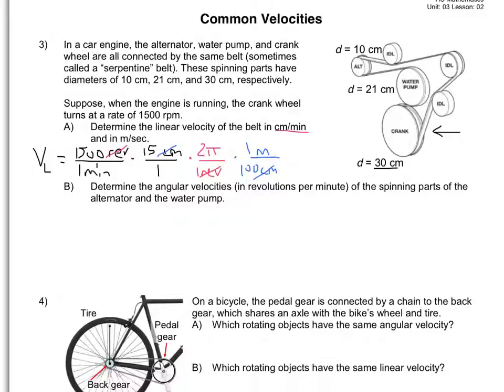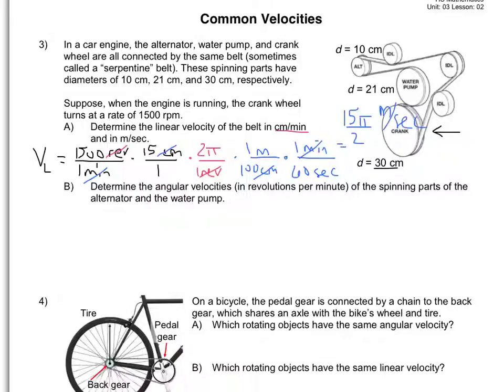So right now I'm in meters per minute, so to get rid of the minutes I will multiply by 1 minute is 60 seconds. And the minutes cancel out, so now I am in meters per second. And I will end up with 15 pi over 2 meters per second.